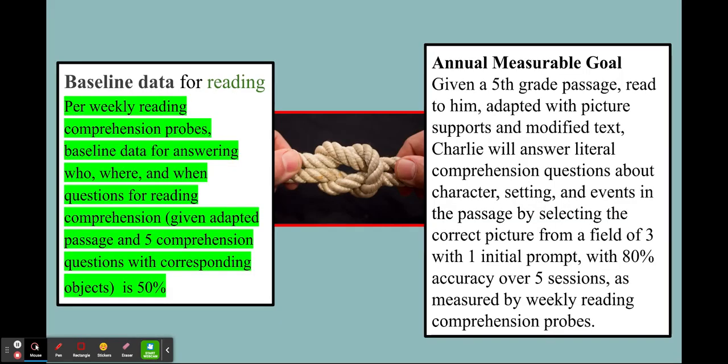Given a 5th grade passage read to him, adapted with picture supports and modified text, Charlie will answer literal comprehension questions about character, setting, and events in the passage by selecting the correct picture from a field of 3 with 1 initial prompt with 80% accuracy over 5 sessions as measured by weekly reading comprehension probes. It sounds like a long goal, but it's basically taking that typical WH question and aligning it to the standards and also thinking about the needs of our student.